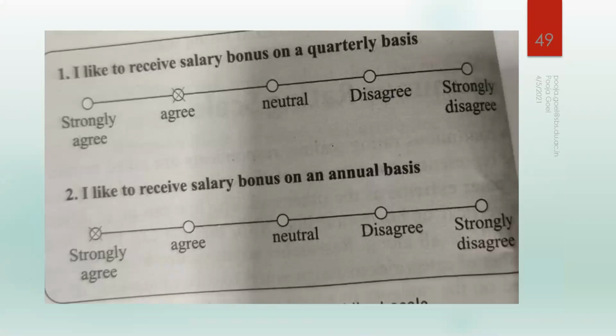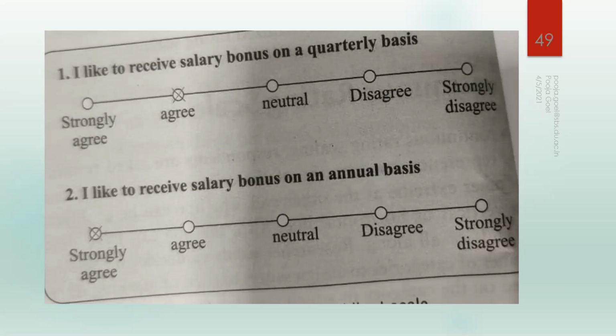This is the beauty of Likert. We are trying to assess one thing, that when a person likes to get the bonus, right? But we are asking this question in 2 ways. So definitely, if someone is saying that I agree to get it on a quarterly basis, then definitely he should not put agree here. Are you getting it?